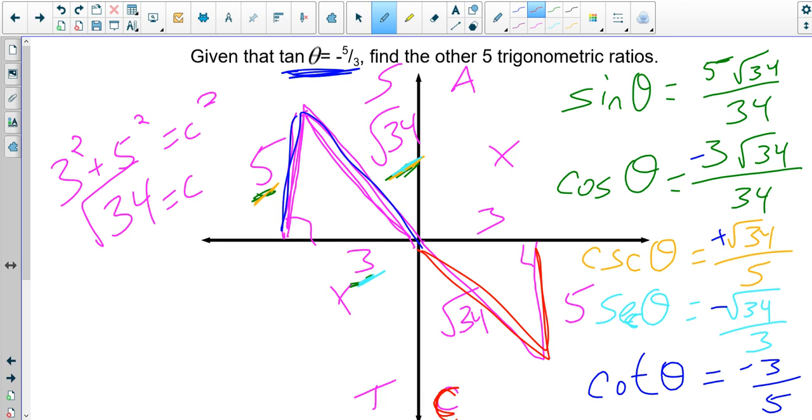So at that point, this one would be positive, but this one would be negative. So we need to be able to look at how these would be either positive or negative depending on which quadrant it's in. This will be a whole lot easier when they give us more information, like here on this next problem.